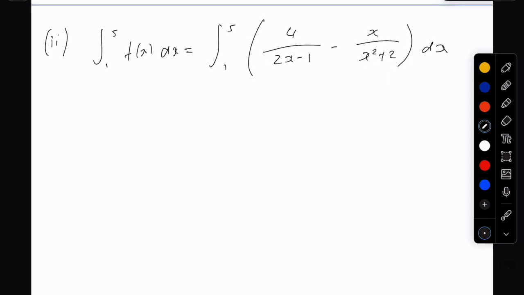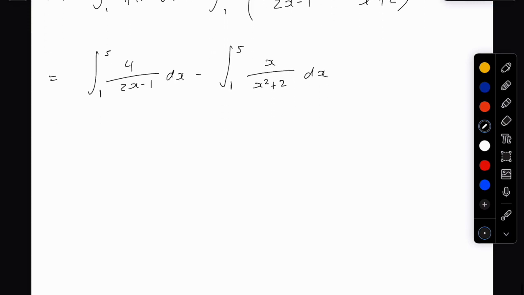Which is then going to give me the integral from 5 to 1 of 4 over 2x minus 1 dx minus the integral from 5 to 1 of x over x squared plus 2 dx. Perfect. So then what can I do?